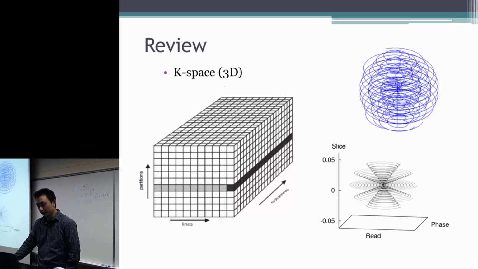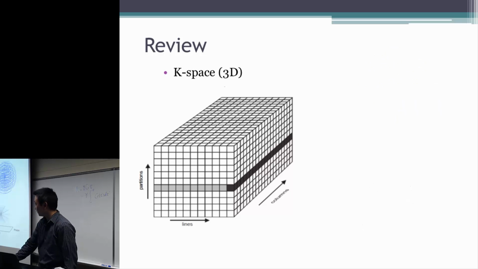Okay, so for the 3D K-space, the idea is the same. Practically, to collect a 3D K-space in Cartesian coordinates, we have the readout at each echo, and then we have 2D phase encoding.